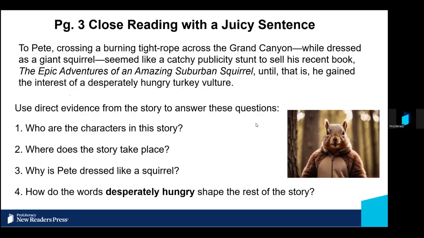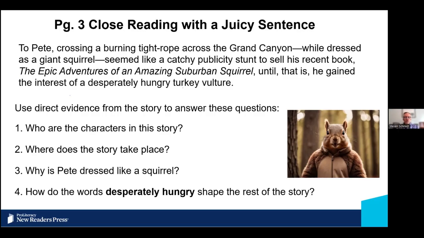Not to my knowledge. Well, good. And you're probably not going to volunteer to be the first one to do it. Nor would I. Jennifer says to promote his new book by portraying the adventurous squirrel who appears to be the main character. Yes. Okay. So dressing as a giant squirrel is something we would not do ordinarily, but we would if we were desperate to gain publicity for our book.